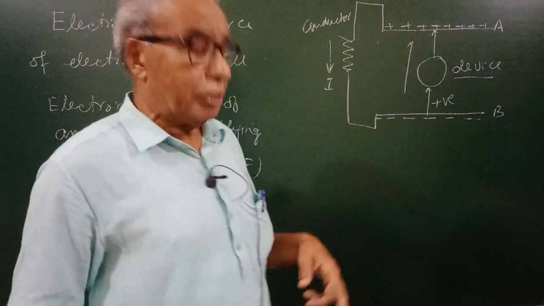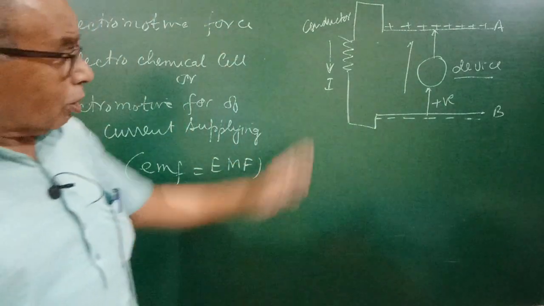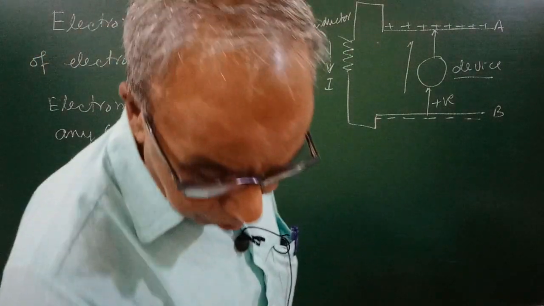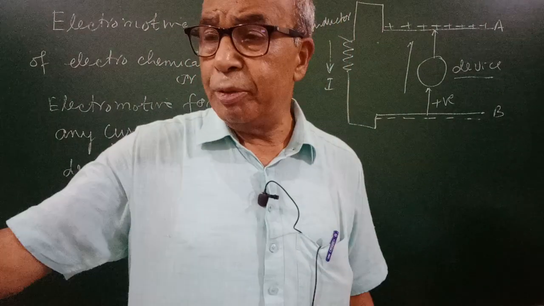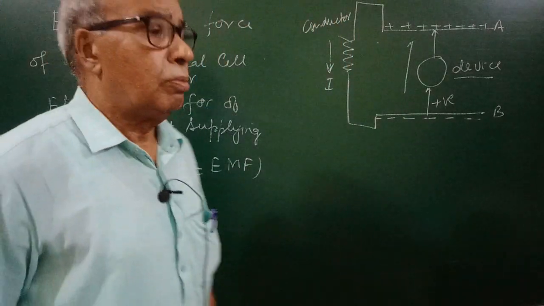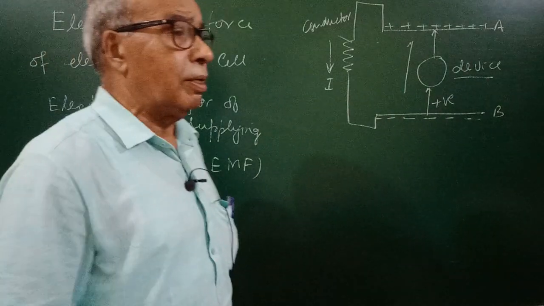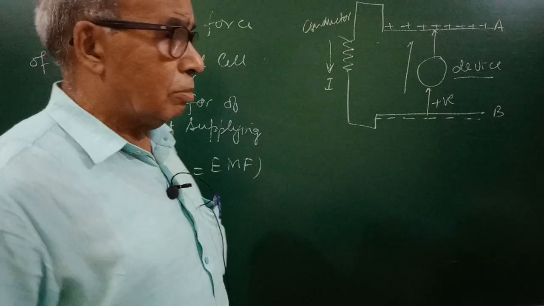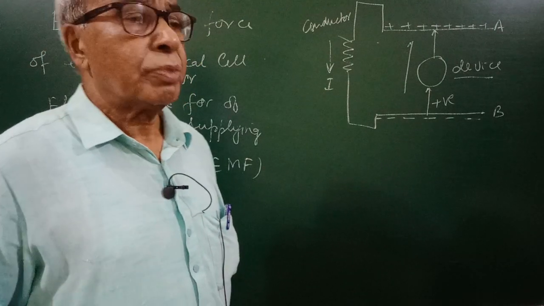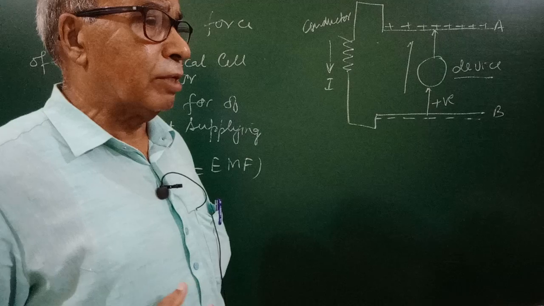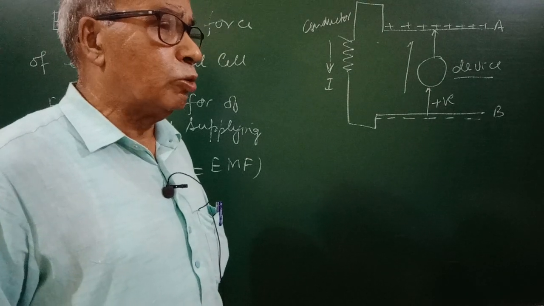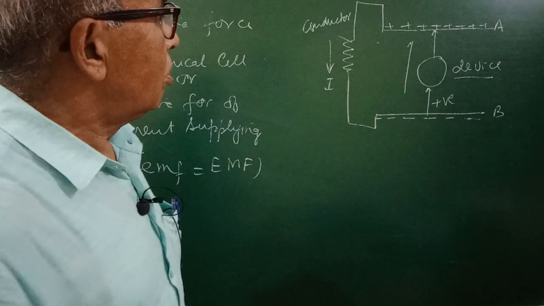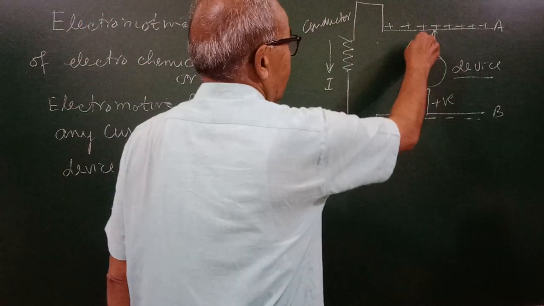Now, which are those devices? Electrochemical cells. Nowadays we have produced cells of different types. We have a storage battery in our home, used for the inverter. Nowadays electric motors are there, and we are trying to produce cars and vehicles which can run on battery.